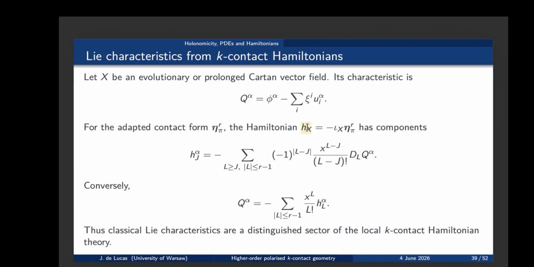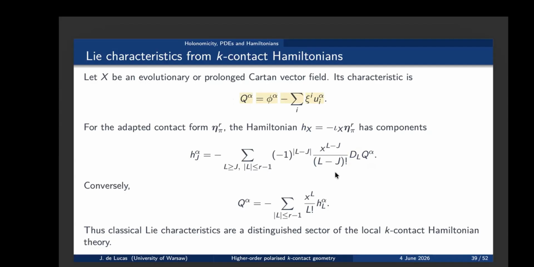This Hamiltonian function has several coordinates, many of them. When this vector field is indeed a prolongation of a vector field, the Hamiltonian functions can be described by means of the differential, in terms of a finite number of variables, of functions given by this. And in differential equations, we know that these functions are the so-called characteristics.